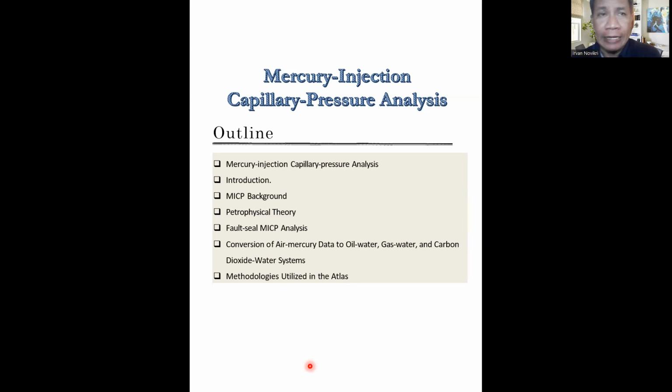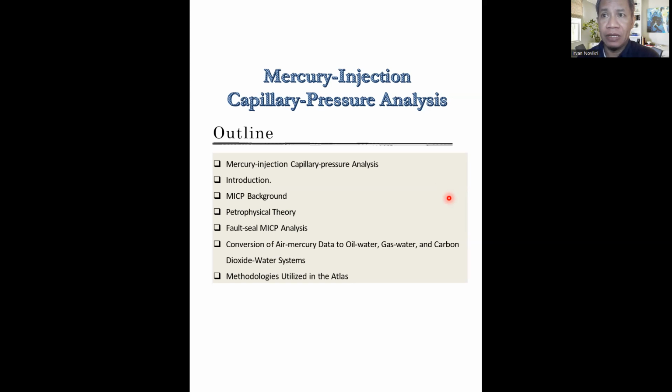So let's start. Mercury injection capillary pressure analysis is a technique to evaluate the sealing capacity and pore throat aperture size distribution of reservoir lithologies, caprock, intraformation seals, and fault seal.